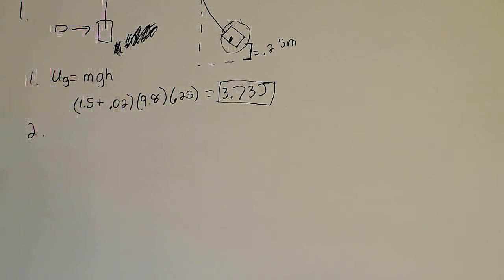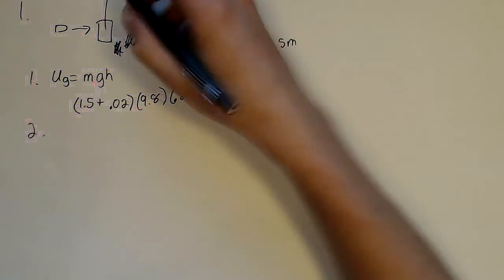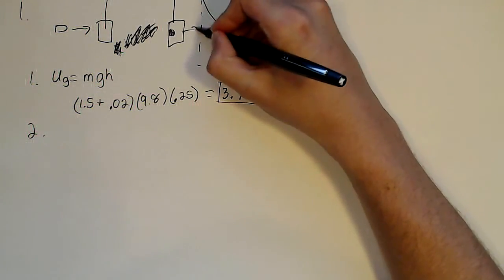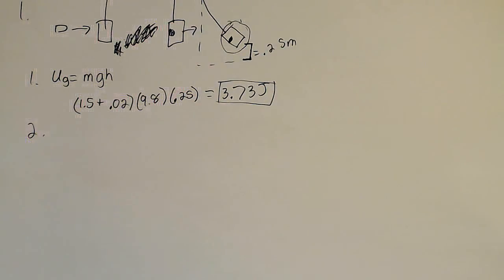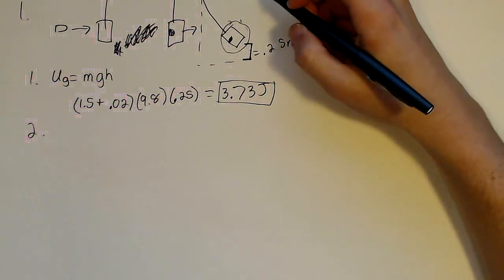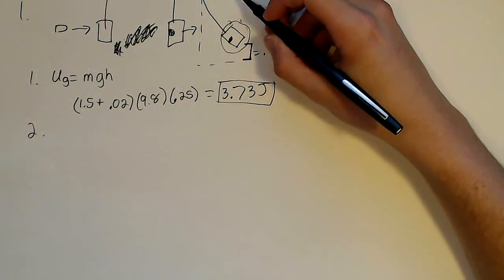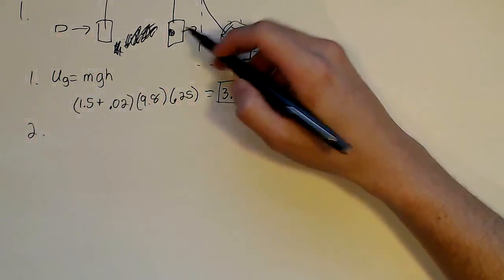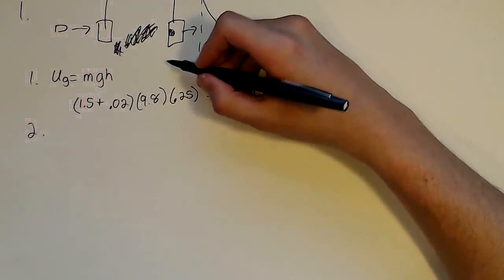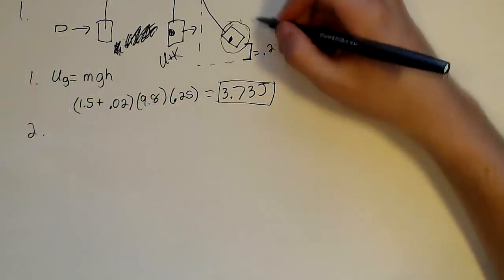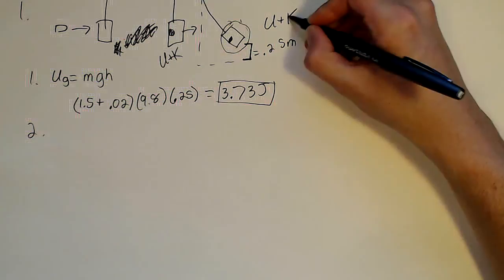Part 2 says, what was the velocity of the bullet block combination just after impact? So this is asking, right when the bullet hits the block, the system has velocity. So if we remember the law of conservation of energy, we'll recall that the mechanical energy of a system is going to be conserved, which means its potential energy plus its kinetic energy at the beginning is going to be equal to its potential plus its kinetic at the end.